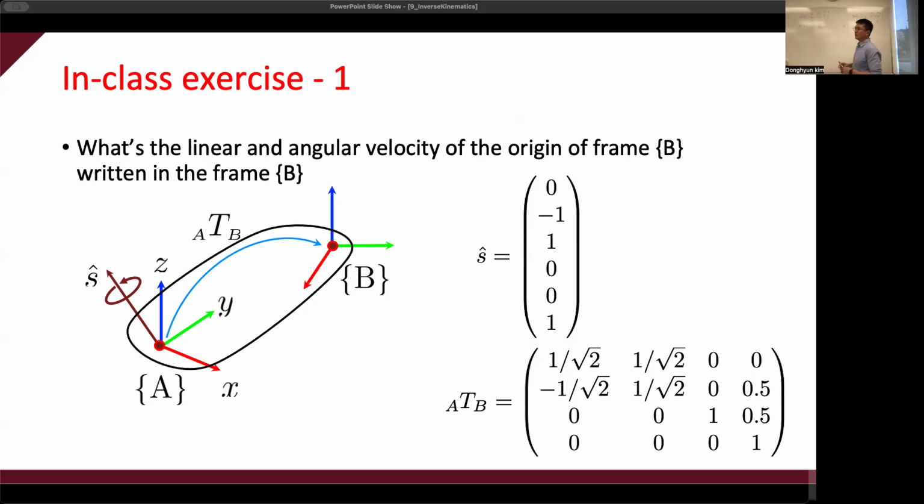Could you please repeat one more time why B to A, the difference between the two that you have here? So let's visualize this. This is frame A, and currently angular velocity is pointing -y and z. So probably pointing in this way, right? And the B frame is rotating around the z, but -45 degrees.